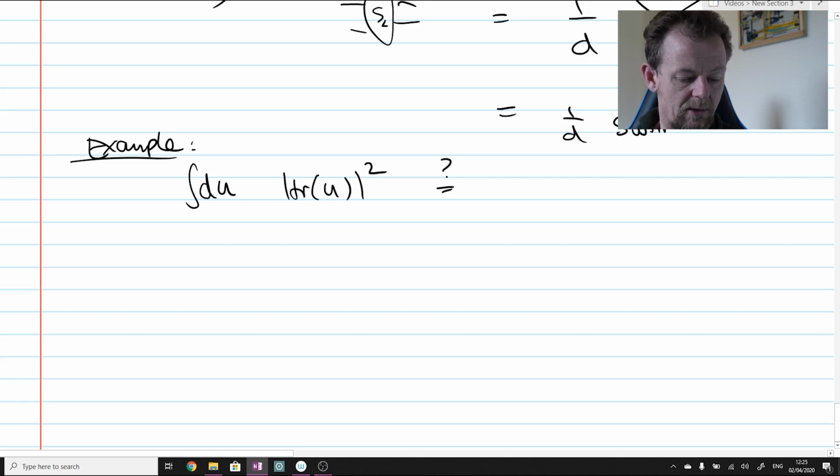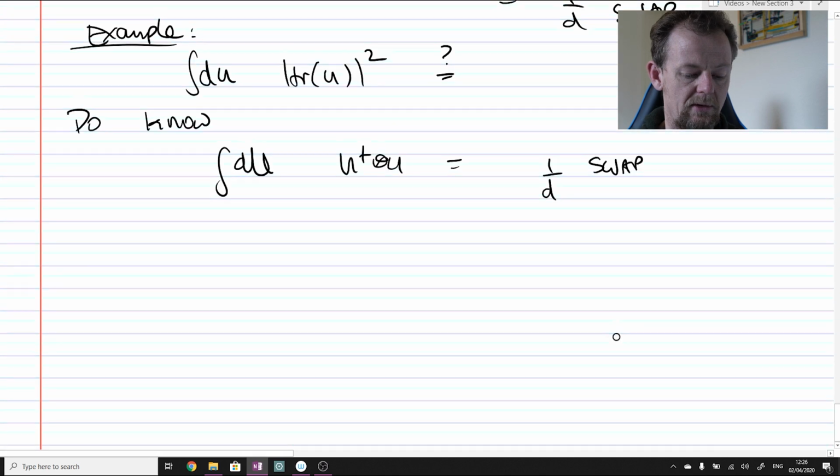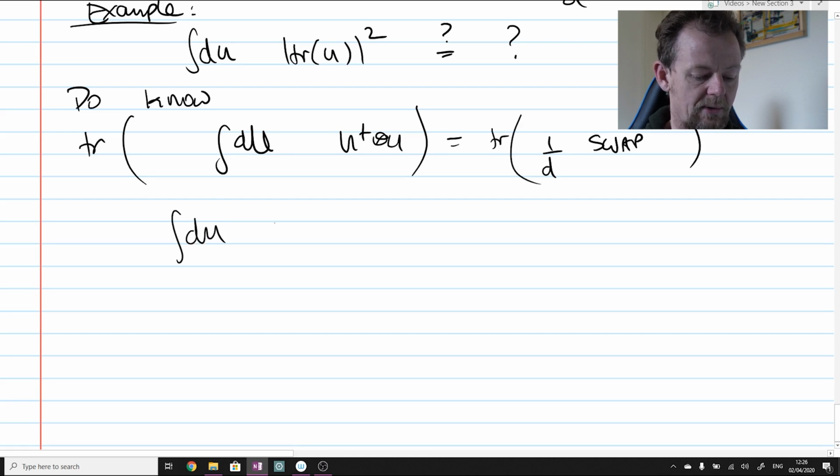Well, we don't know that, but what we do know is that the integral with respect to u of u dagger tensor u is something we do know now. That's 1 over d times swap. Now, the way to get the integral we want is to just take the trace of both sides. And then you see the left-hand side simplifies in a very nice way to the trace of u dagger times the trace of u. That's the integral we want.